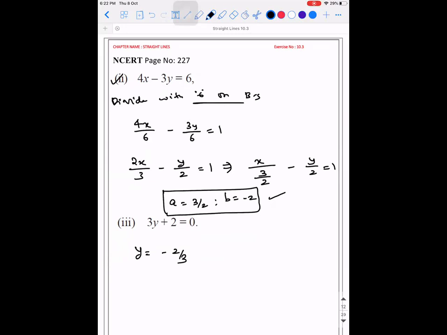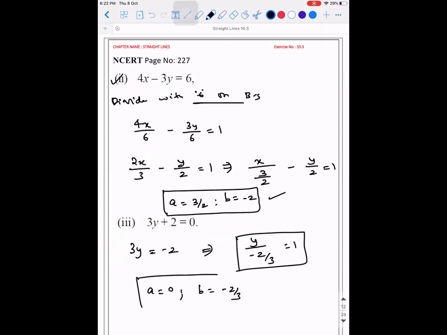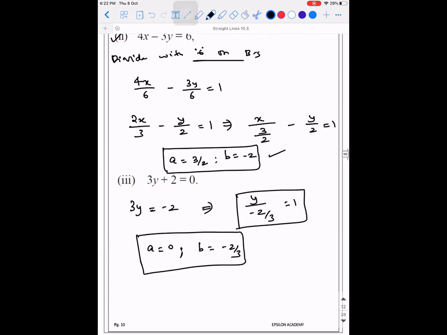Or I can write it like this: 3y is equal to minus 2, which implies dividing by minus 2 on both sides, you will get y divided by minus 2 by 3 is equal to 1. So this is the intercept form. So a is 0 and b is equal to minus 2 by 3.